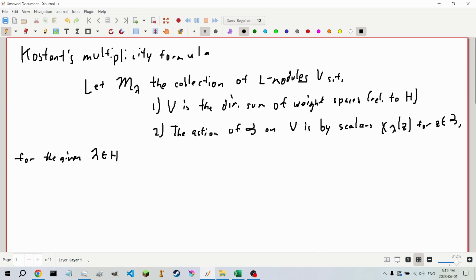And keep in mind that that fancy thing is just the center of the universal enveloping algebra of L. And part 3 is that the formal character of V belongs to our fancy X.